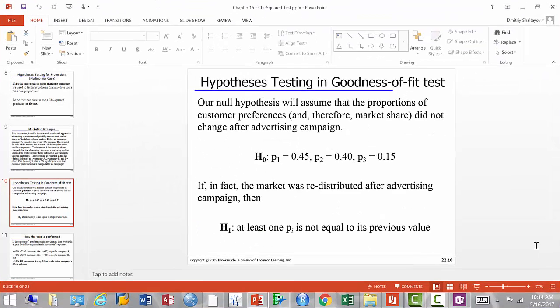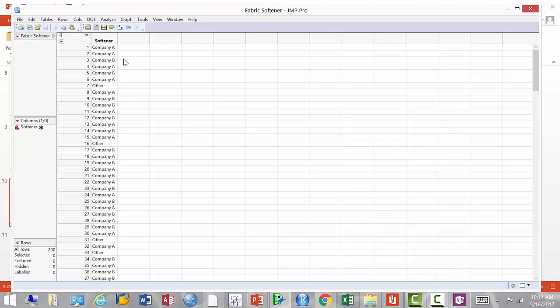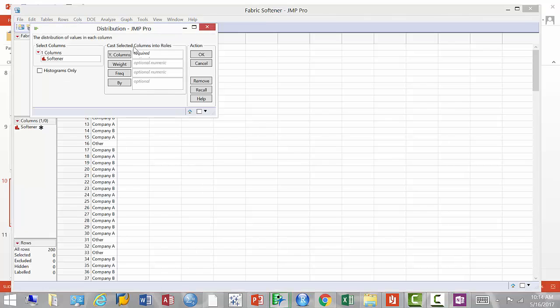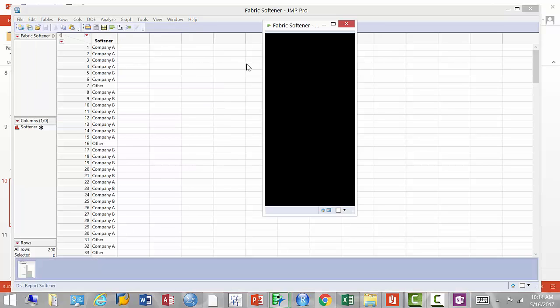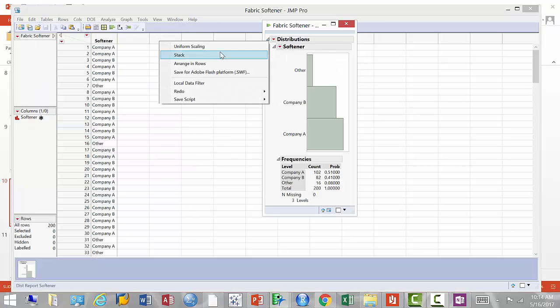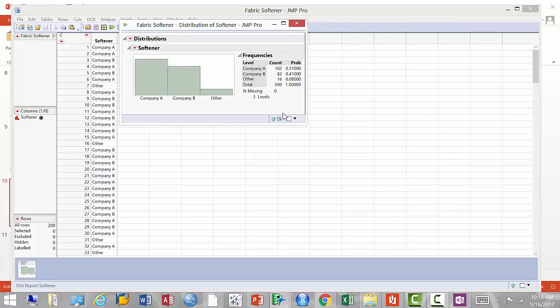All right. So I'm going to switch to JMP, and very easy, right? I have to look up the distribution of this data sample. So go to the distribution, select softener, and move it to columns, and then click OK. There you go. So I can place it horizontally.